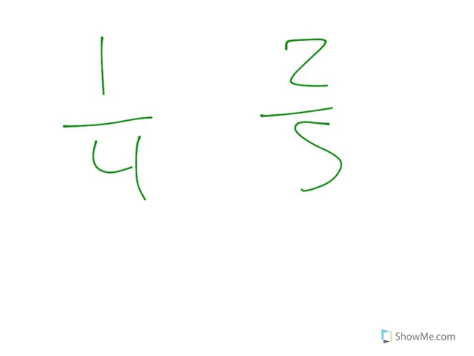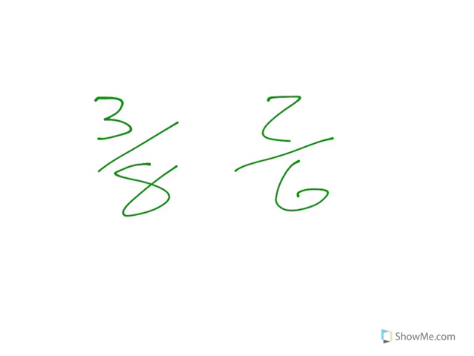So find a common denominator. There's only one time when the smaller denominator will not go into the larger one. Let me show you what I mean. If I have 3/8 and 2/6, does 6 go into 8?